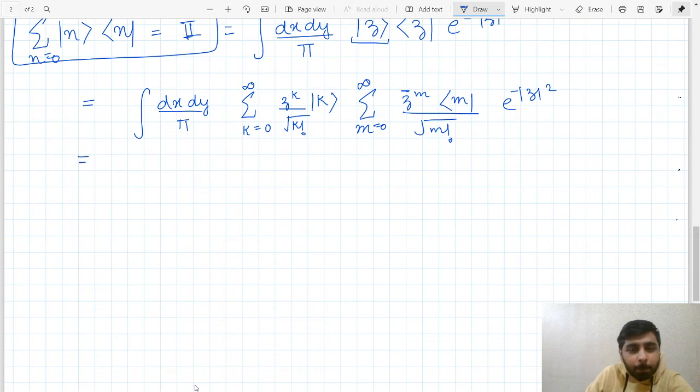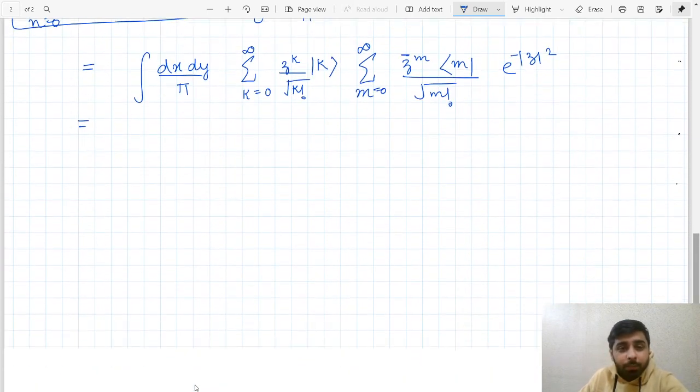So far so good. Now what we are going to do is bring this integral inside, and take those summations outside, and I hope you all know that we can do this.